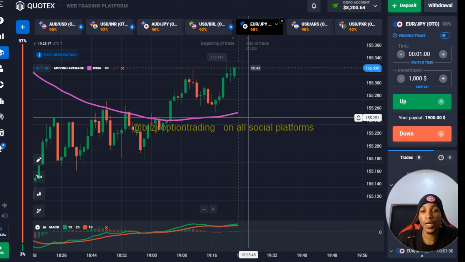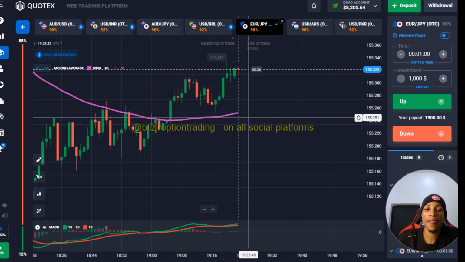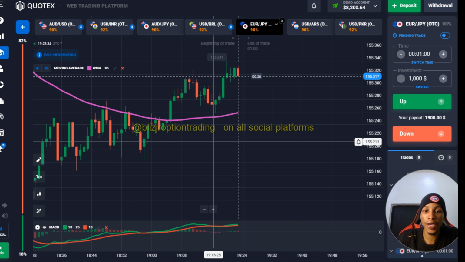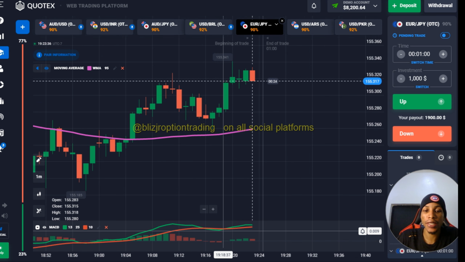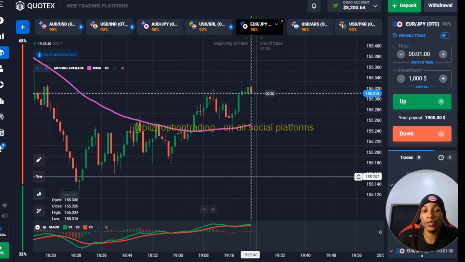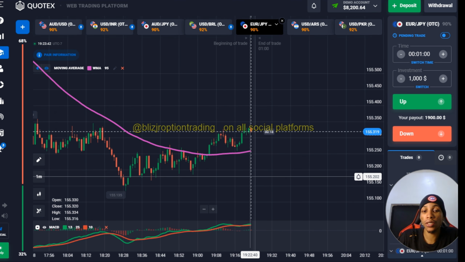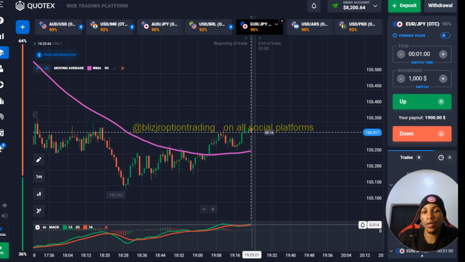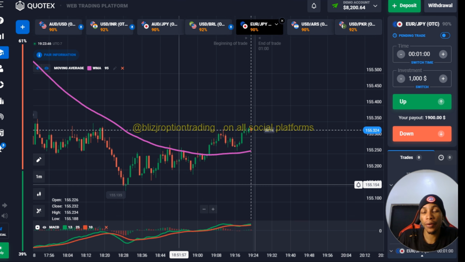If you manage it well, strategize it well, and are patient enough to take your trade at the right time, you will see that the strategy is 100% working. And when you look here, you see that the MACD lines cross each other, so there's a possibility for uptrend for us on this pair.